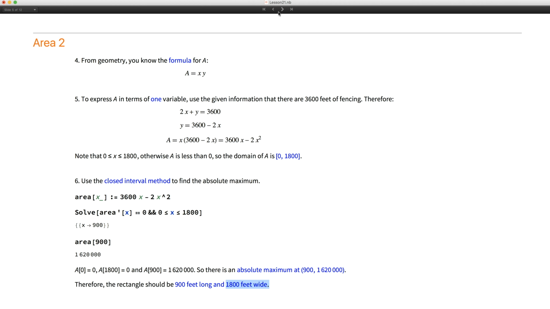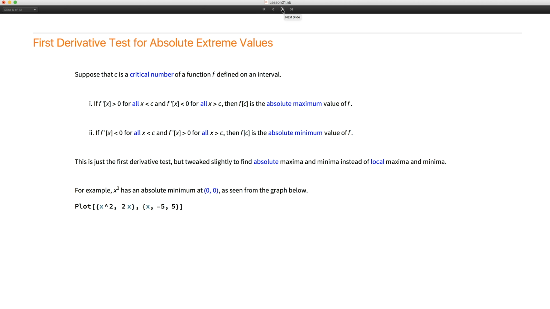Okay, so before going on, we need to talk a little bit about absolute extreme values. Early on, we have mostly talked about local extreme values. The point is that if you have a critical number c for a function, and you find that the derivative is, let's say, positive to the left of it for all values and negative to the right of it for all values, then that value is actually an absolute maximum for the function.